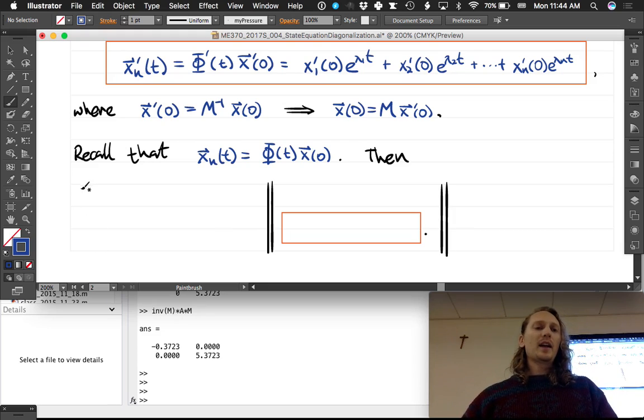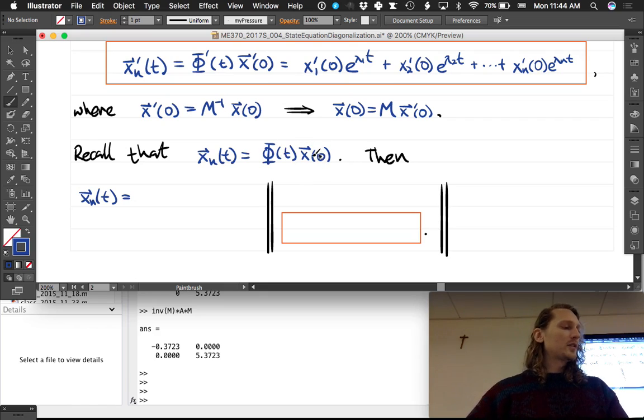So if we say x homogeneous of t is equal to, using this, if we transformed our initial condition first, let's do that.